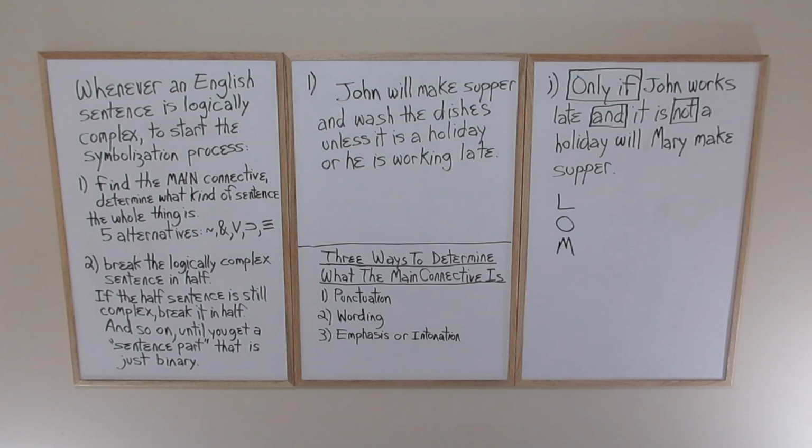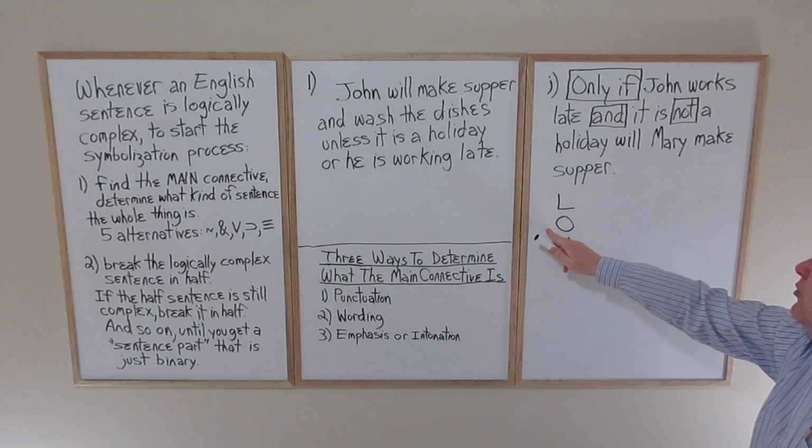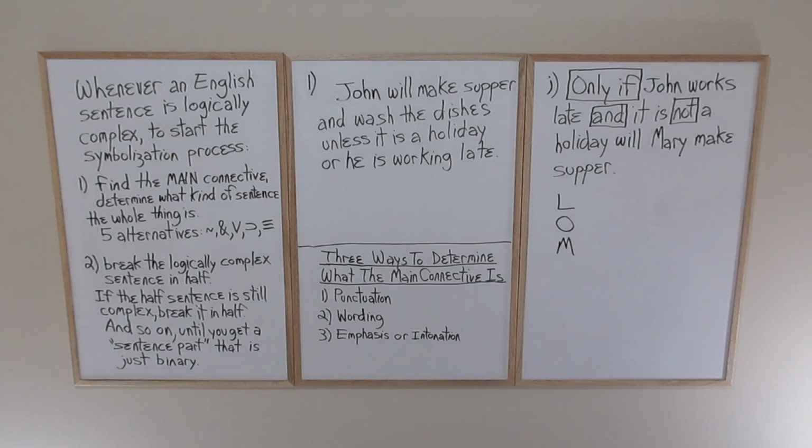In this particular case, though, with the word not being embedded in a sentence, and it is not a holiday, the tilde pretty clearly applies to the simple sentence, it is a holiday. So this leaves us with the two binary connective indicators, only if, which indicates a conditional, and the word and, which indicates a conjunction.